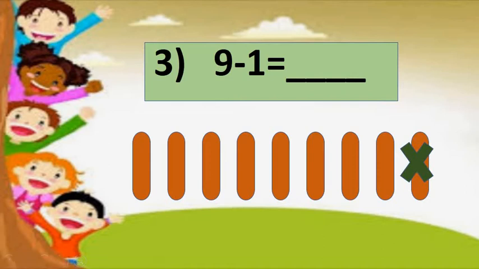Now see how many objects are remaining there. 1, 2, 3, 4, 5, 6, 7, 8. 9 minus 1 is equal to 8. Completed. Leave one line and then write a new FB.